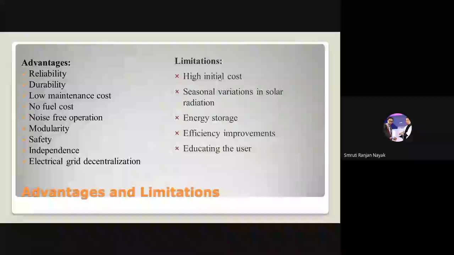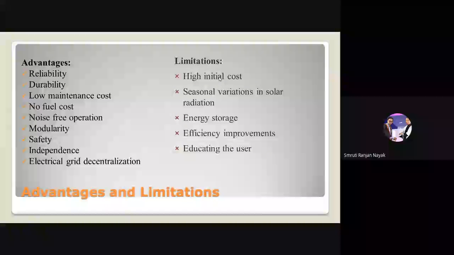Definitely. As you calculated for your off-grid system, the cost of the solar panel: for 1 watt, it costs 35 to 40 rupees. So if it is a 100 watt panel, definitely it will be 4,000.